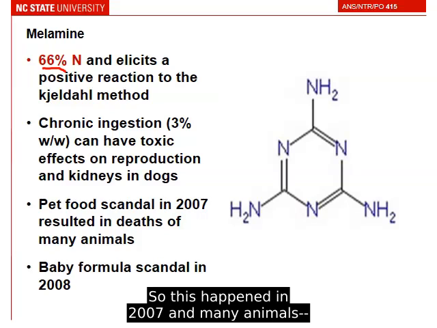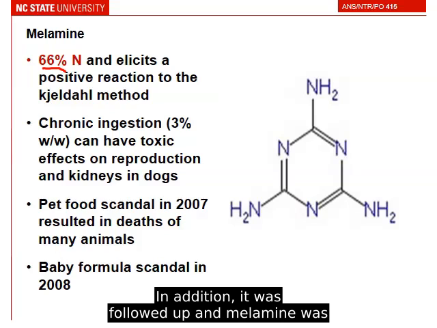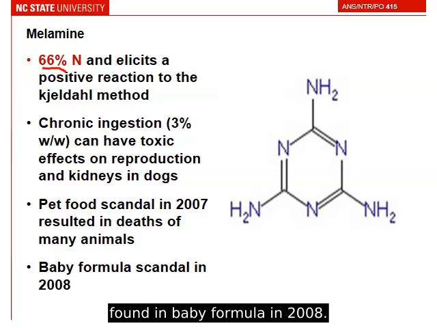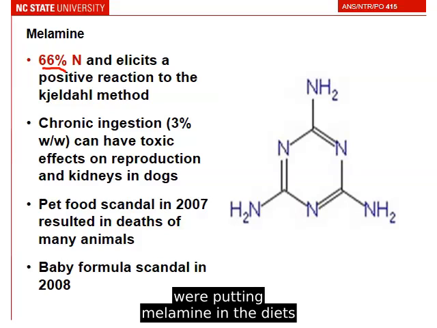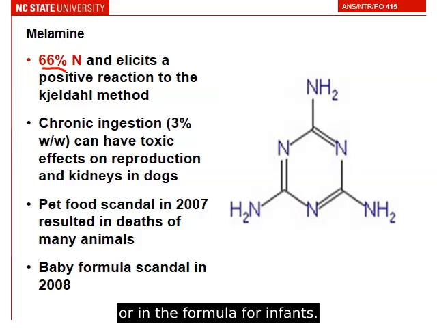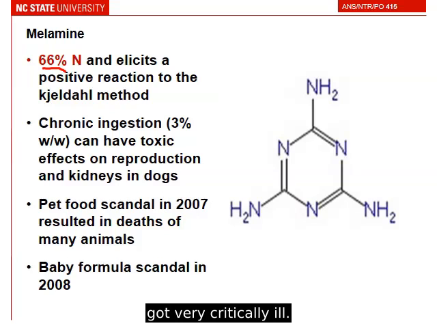This happened in 2007, and many pets died. In addition, melamine was found in baby formula in 2008. Other companies from China were putting melamine in the formula for infants, and a few of them died, and many got very critically ill.